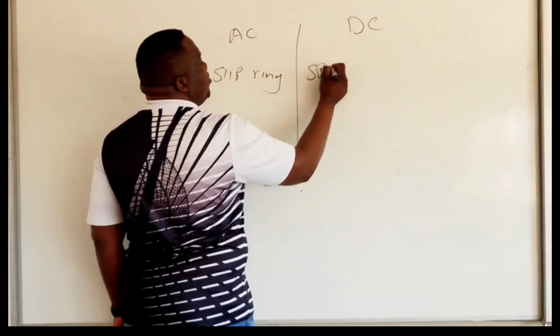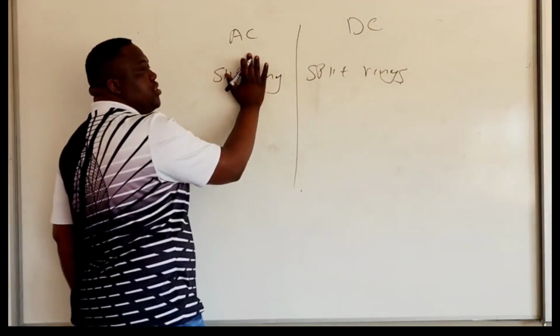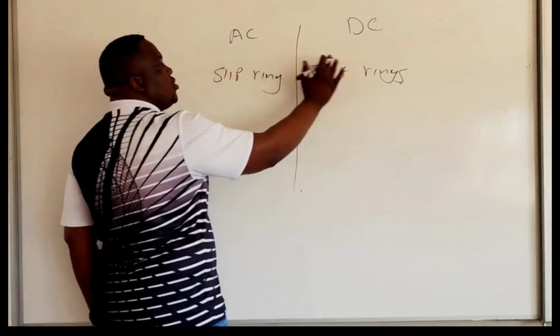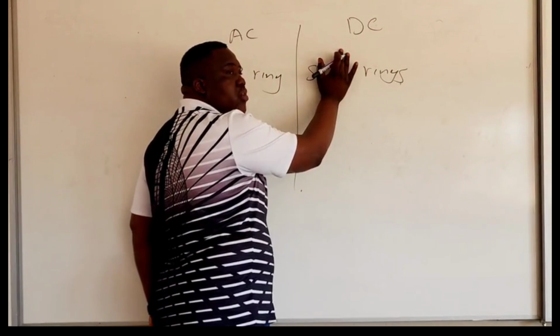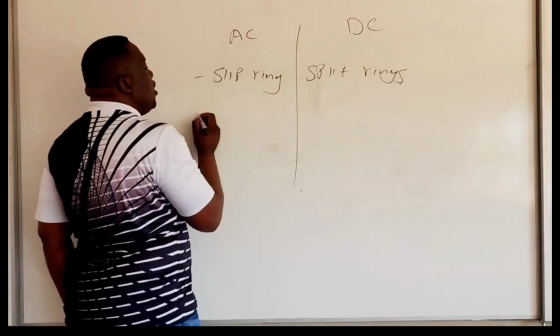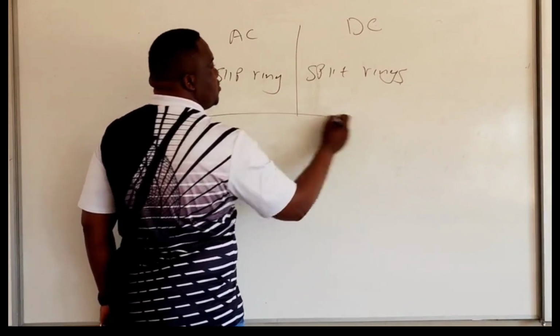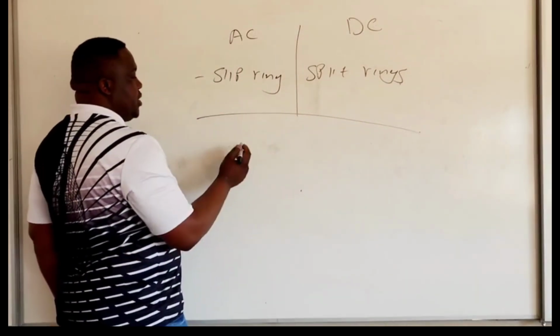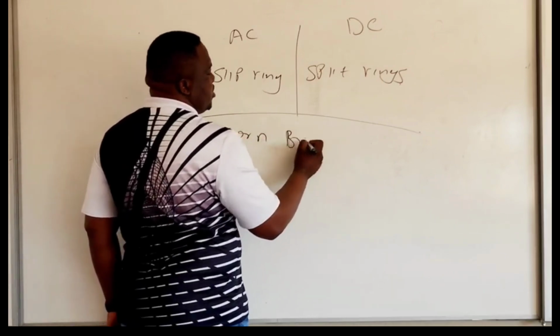This one has got split rings. The function of slip rings is to cause current to alternate. This one causes current to move in a single direction continuously.